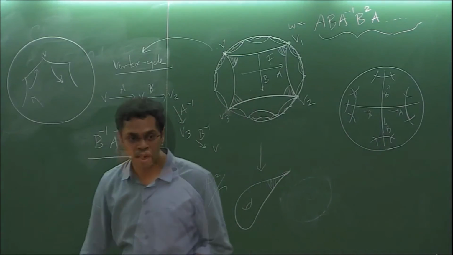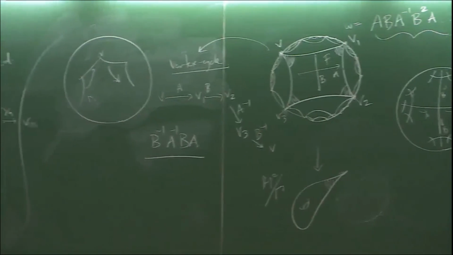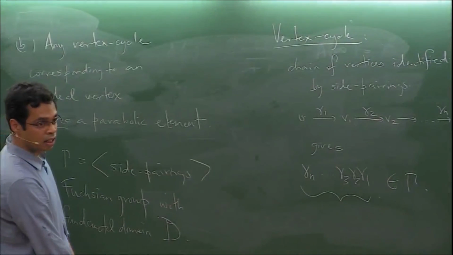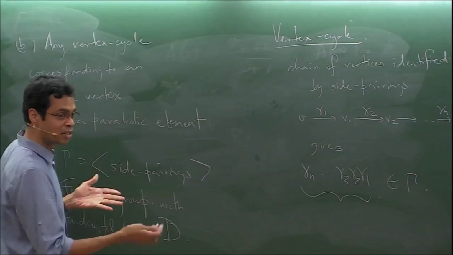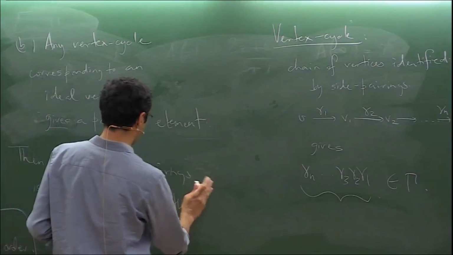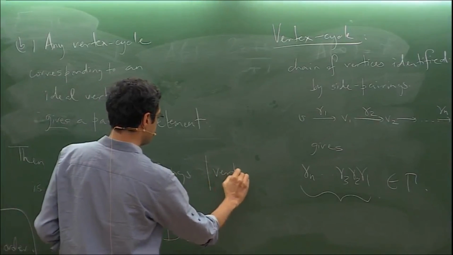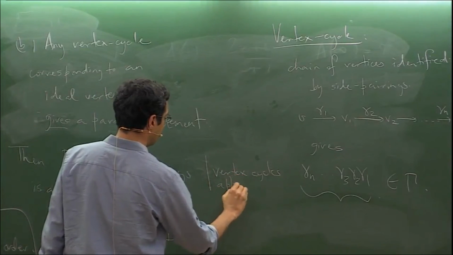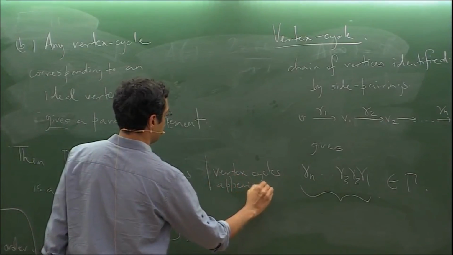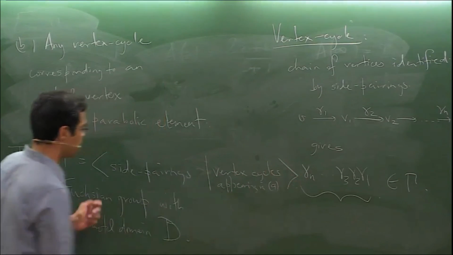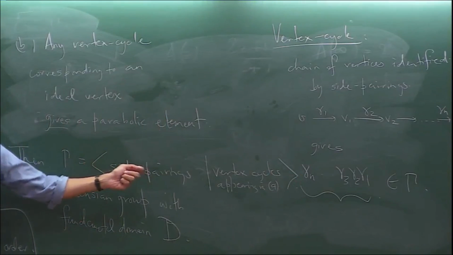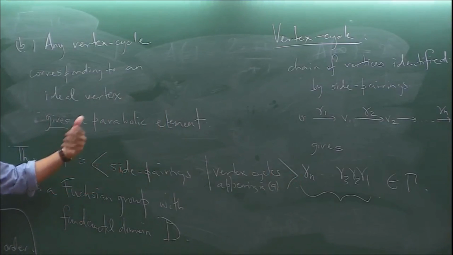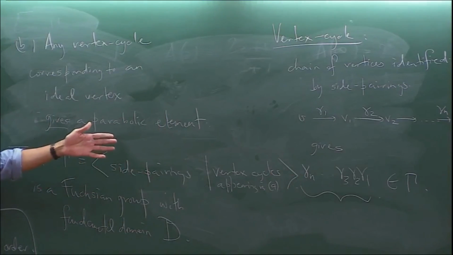So in fact gamma is generated by all the side pairings. That's fine, but there are also relations. So you can write down a presentation of gamma, which are all the vertex cycles appearing in A. So the Fuchsian group that you get has this presentation, and you can actually tell what the Fuchsian group is.